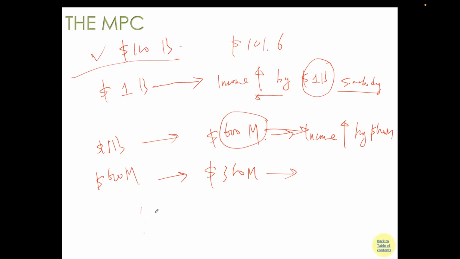And why does this process keep moving? There are maybe 3 reasons. Number one, each dollar I spend becomes somebody else's income. Number two, for any dollar we earn, most likely we are going to spend. It's almost impossible you don't spend.